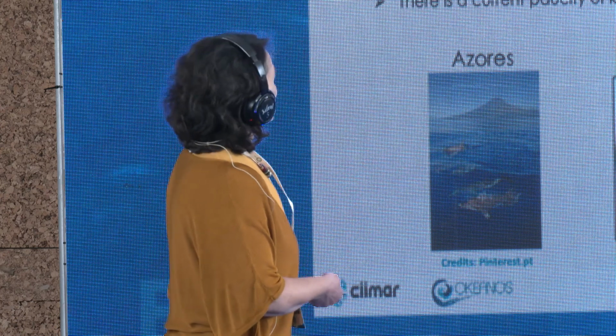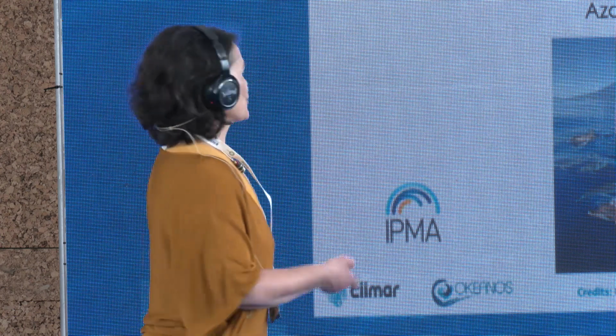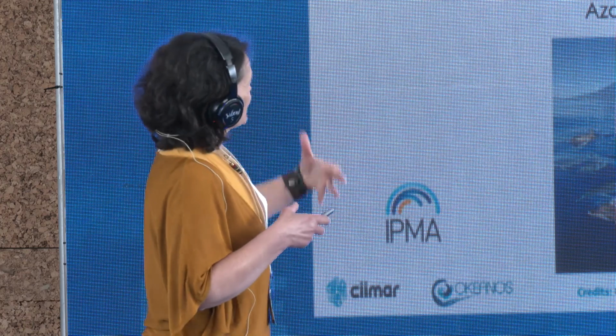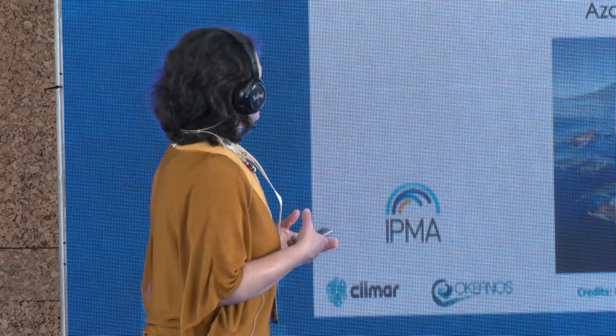Okay, then we have also another project, the Deep Risk project. In this case, besides CIIMAR and Oceanos, we also have the participation of IPMA, where here we try to develop ERA, but in this case for deep sea mining and climate change. Why deep sea mining?